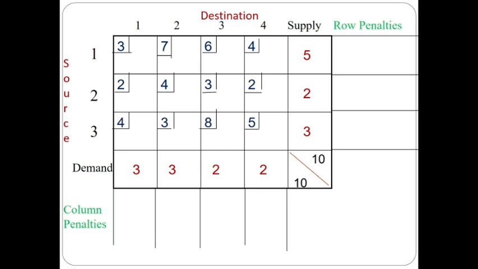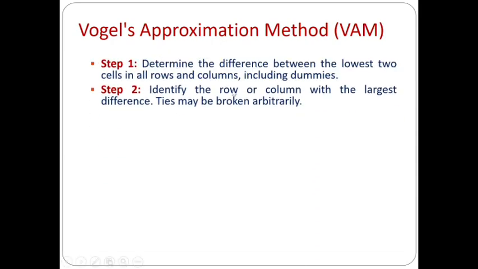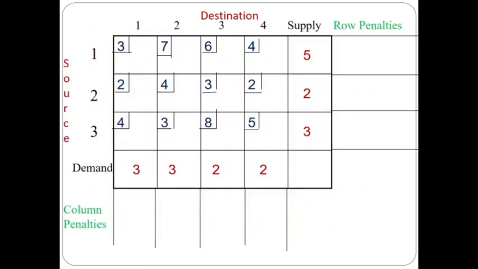First thing is we have to calculate the differences or the penalties of row and column. Here if you just consider the first row, you can see that we have to determine the difference between lowest 2 cells. The lowest cost cell in the first row is 3 and the next lowest is 4.